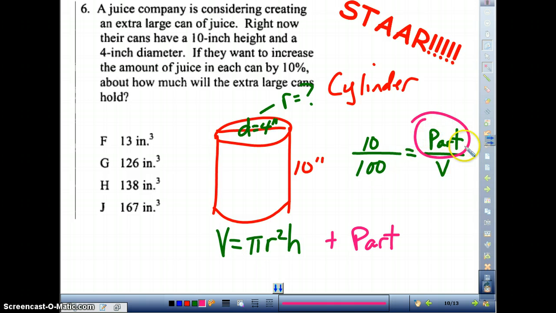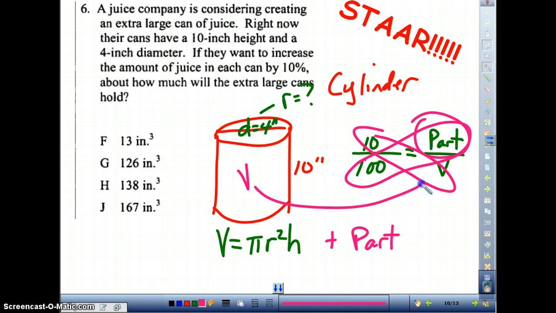This will calculate the amount that's 10% of your current volume. You add that onto your original volume. And you can do that by cross-multiplying here after you calculate the volume of this can. Calculate the volume of this can, it goes right there. Okay? Ooh, that's a good STAR question. Really hard. They like difficult questions on the STAR test.